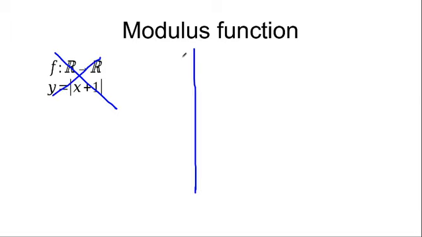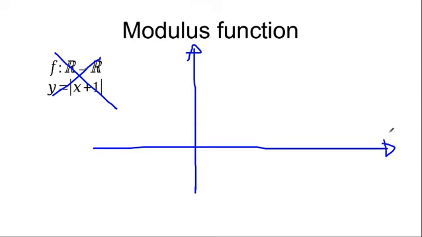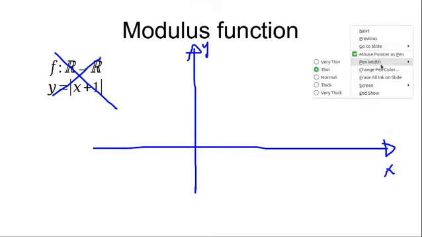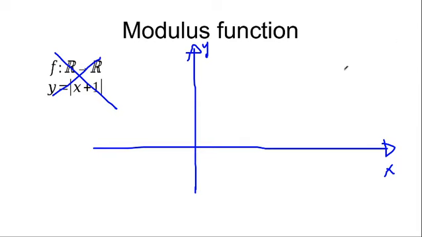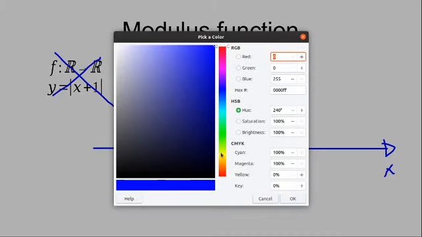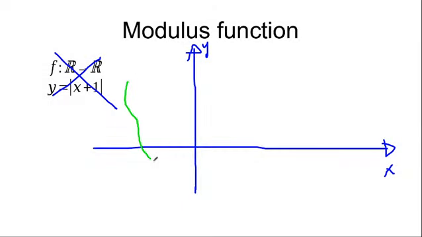So how do you sketch the modulus of a function when the function is given in a Cartesian plane, say y and x? I'm just going to sketch a general function like this, any general function, and call it y equals f of x.